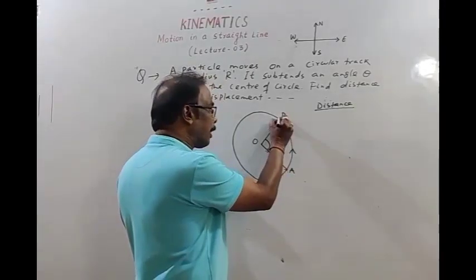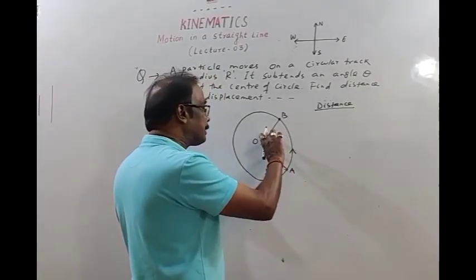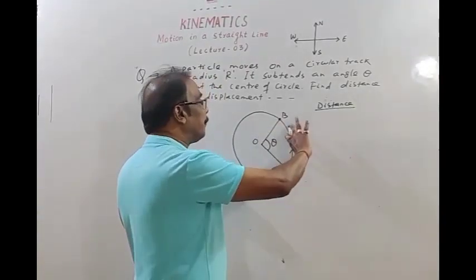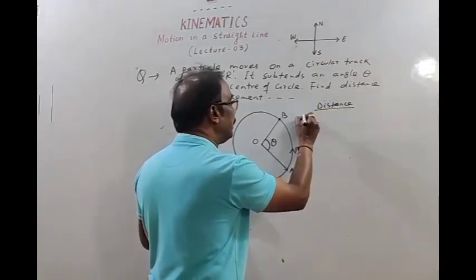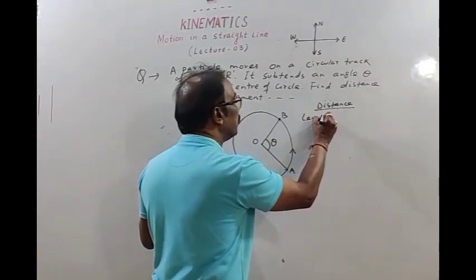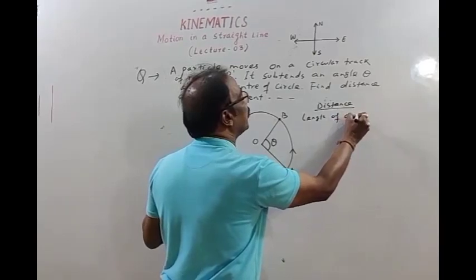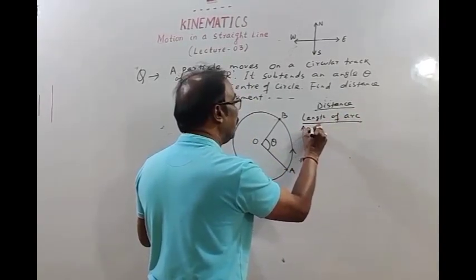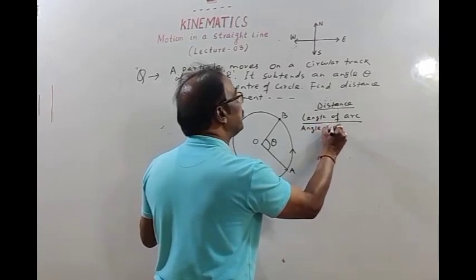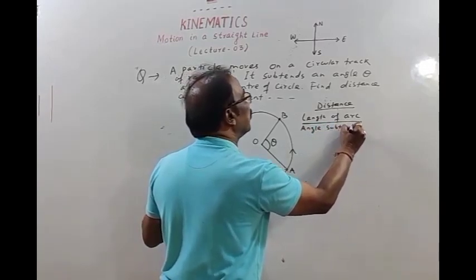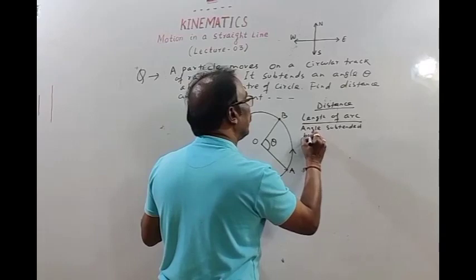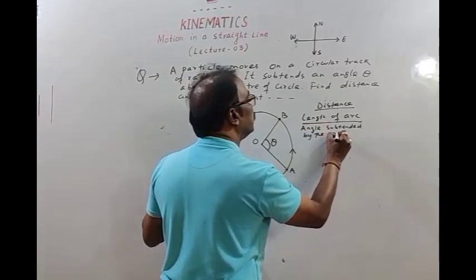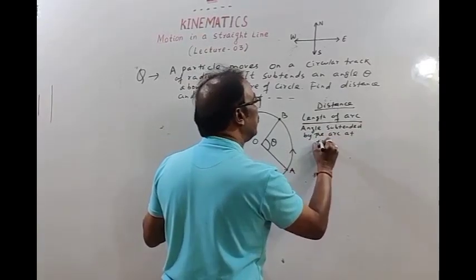AB is an arc, angle subtended at the center is theta by the arc. So the formula is the ratio of length of arc to the angle subtended by the arc at the center.